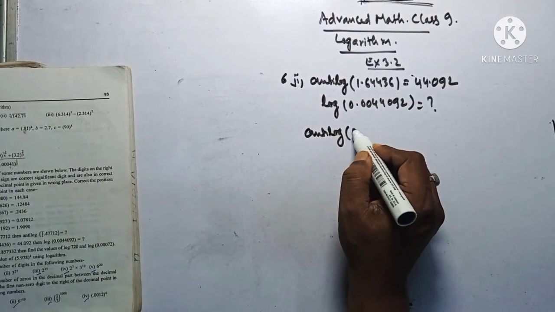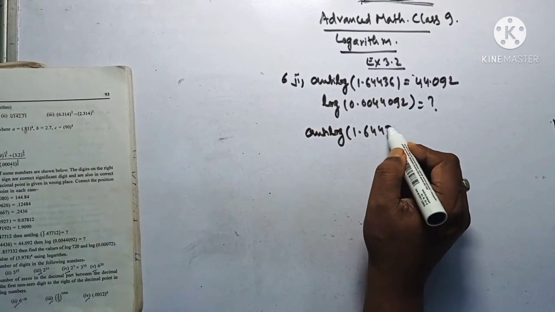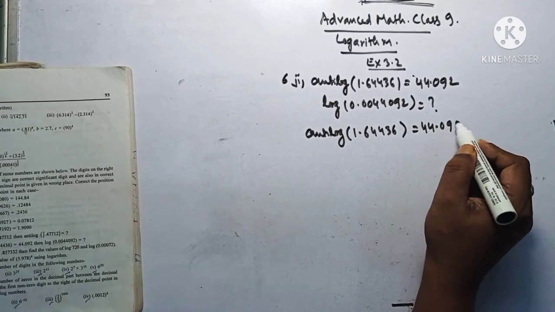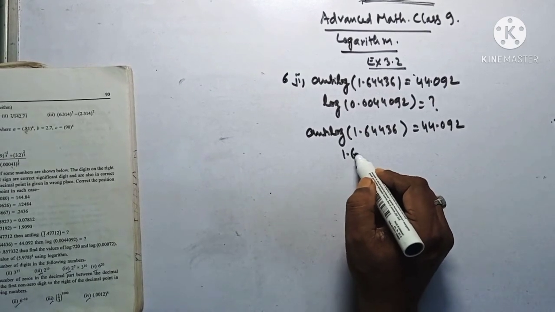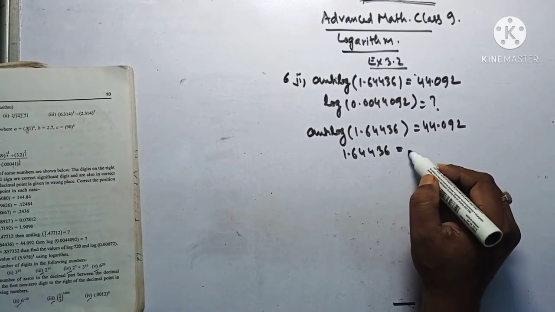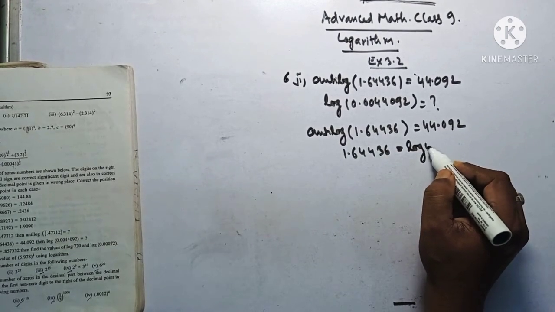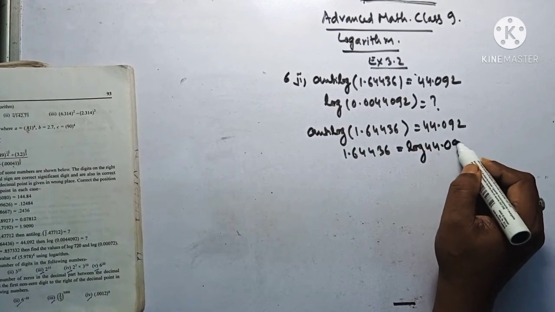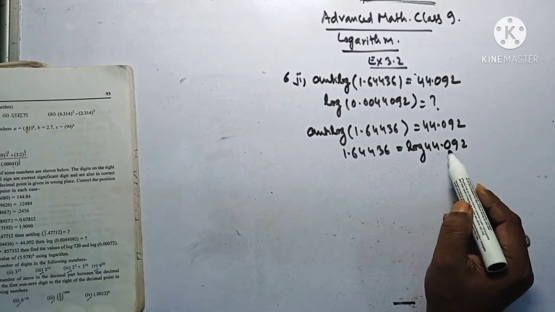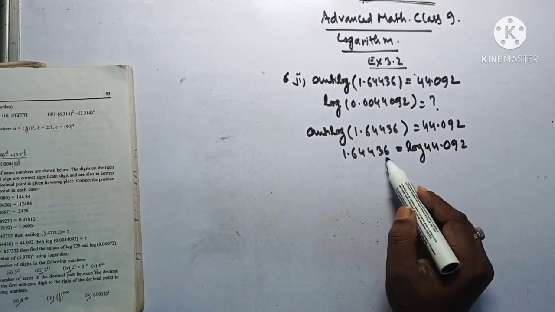Antilog 1.64436 is equal to 44.092, that means antilog moves this side, this becomes log 44.092. So here your characteristic 1 and 44.092, your mantissa got this.